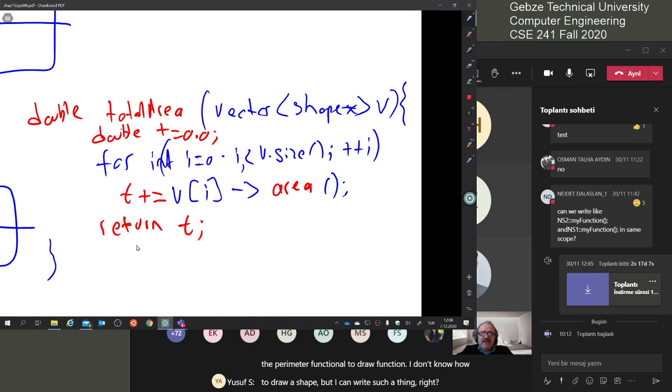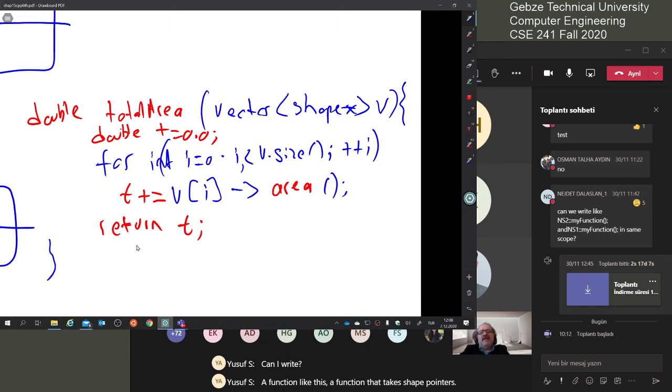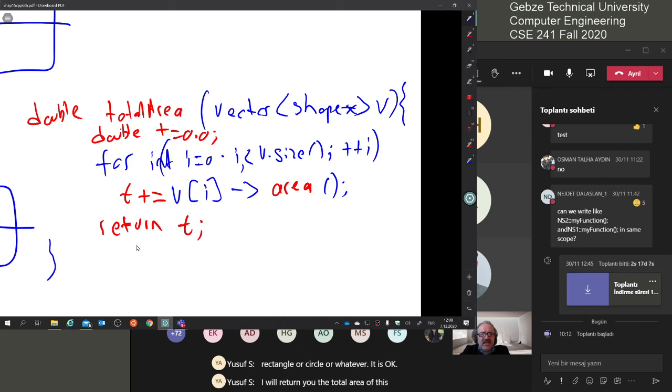Can I write a function like this? A function that takes shape pointers and says, give me 10 shapes, whatever it is, a rectangle or circle or whatever it is. I will return you the total area of these shapes.